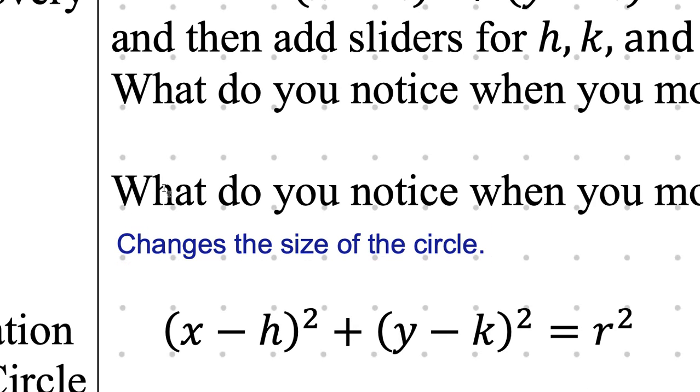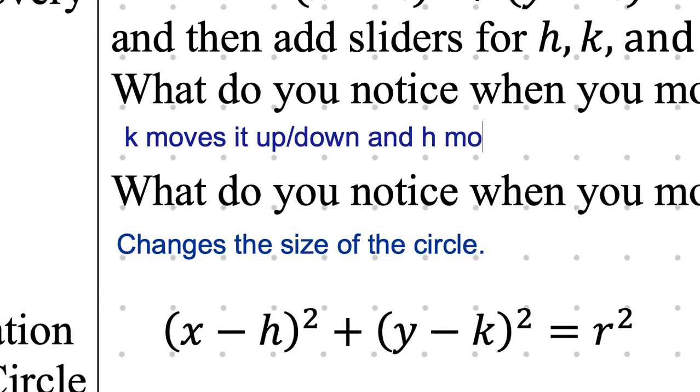Interesting. Sergio, what did you notice? So since K is attached to Y, that's why it moves down and up. You move K. Okay, so there's two things that you said that I really want to make sure that everyone understands. First, you said that K moves it up or down, and H moves it left and right.